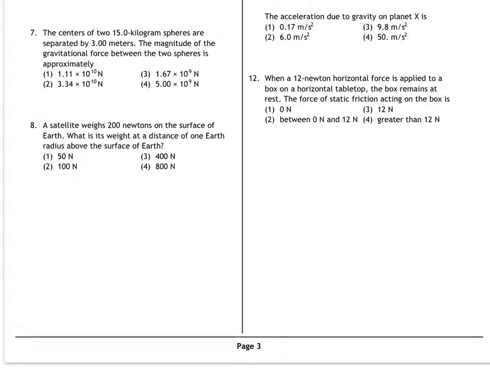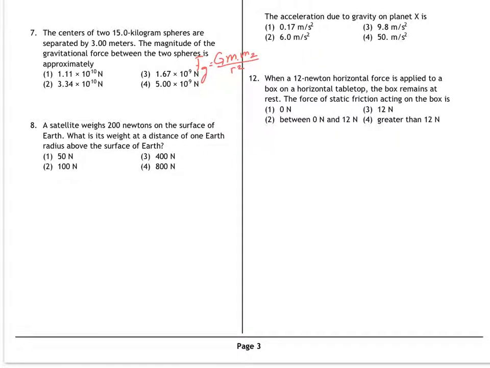Number 7, the centers of two 15-kilogram spheres are separated by 3 meters. The magnitude of the gravitational force between the two spheres is. I recommend using the equation for Newton's universal gravitation, which reads that Fg equals big G, m1, m2, over r squared.